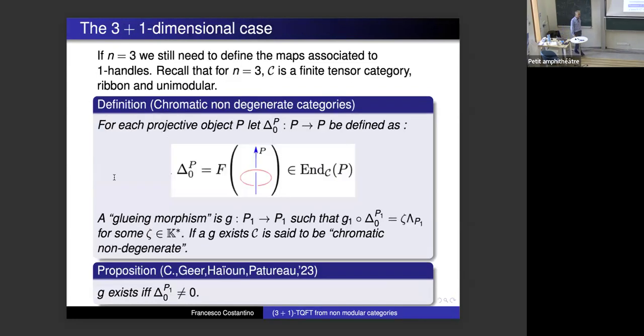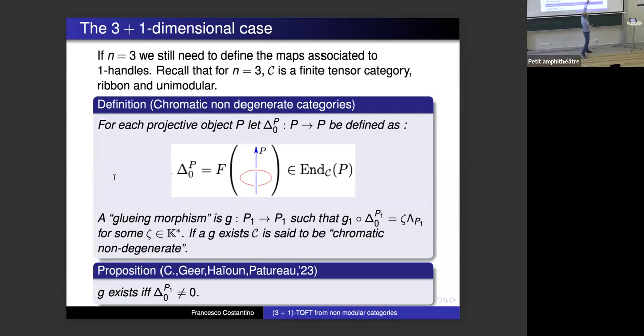When you want to consider 3+1 theories, you still miss how to glue one handles in dimension 4. And that's related to what happens when you compute this endomorphism. There is another condition we have to impose in order to be able to define the linear map associated to such a handle.